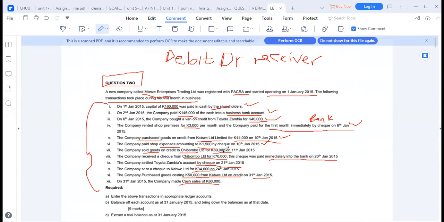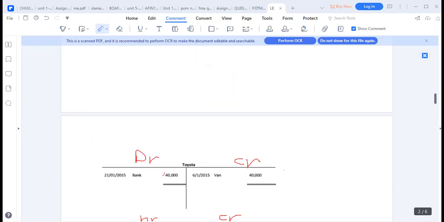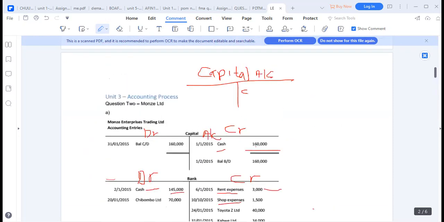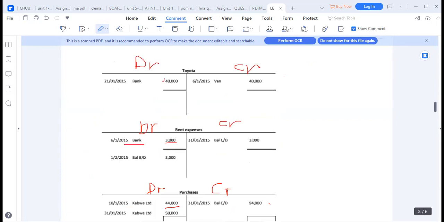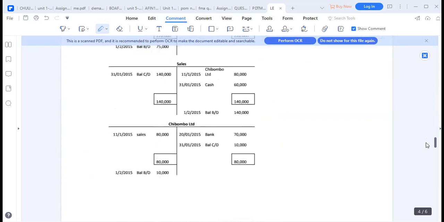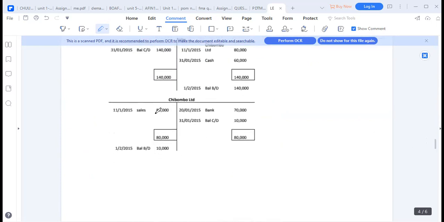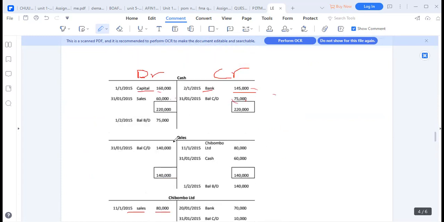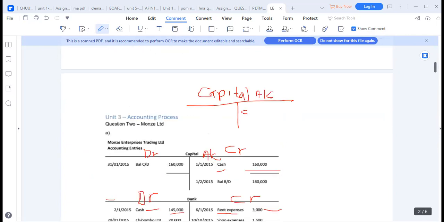Chivombo was on the receiving side, 80,000. These were sales on credit, of course. Getting down to the sales account, we sold to Chivombo 80,000 to complete the double entry system.